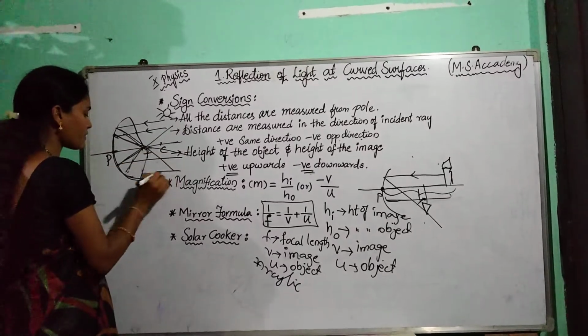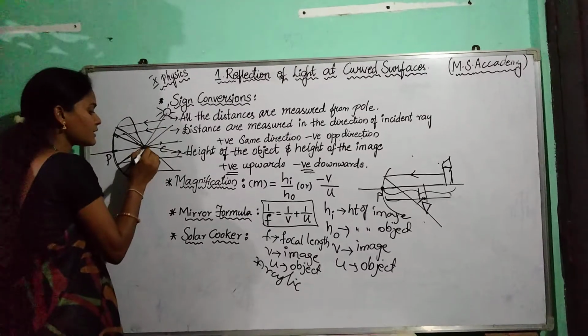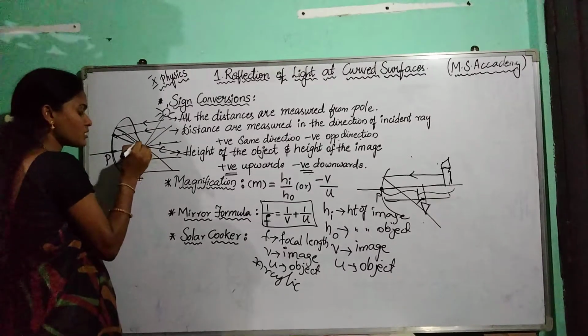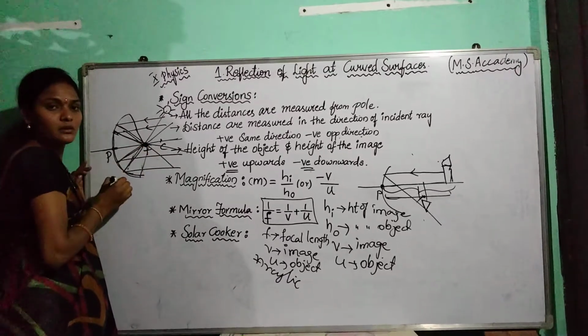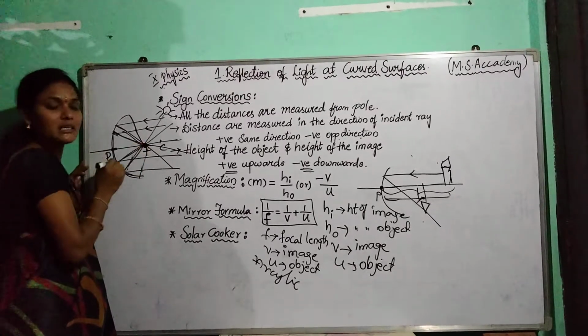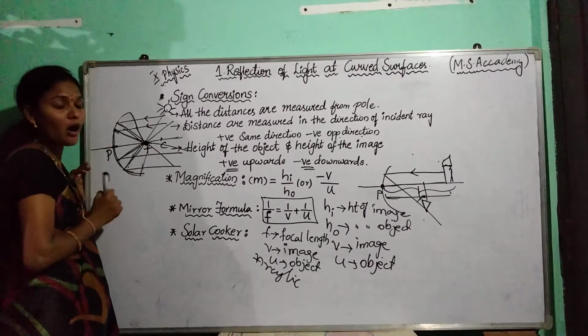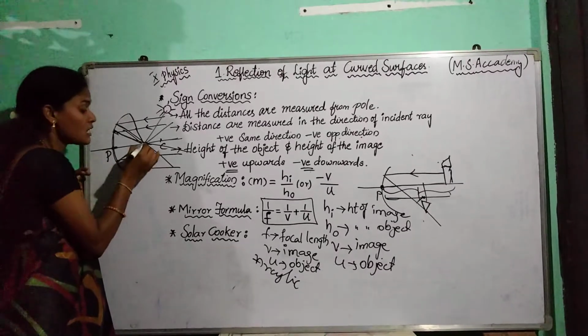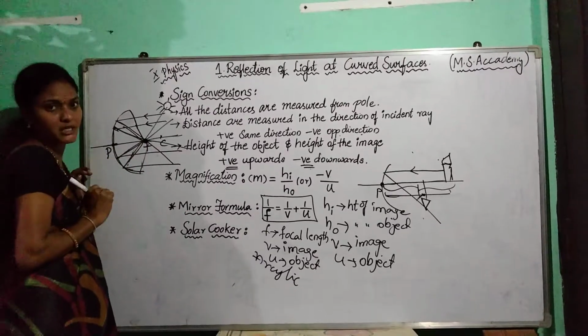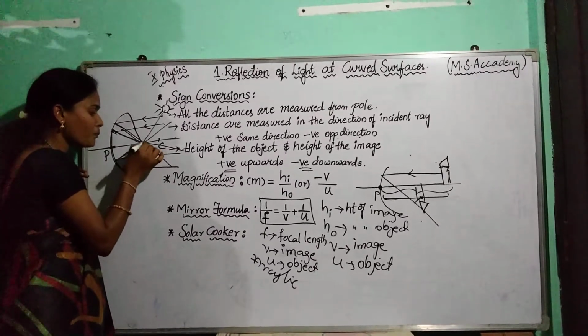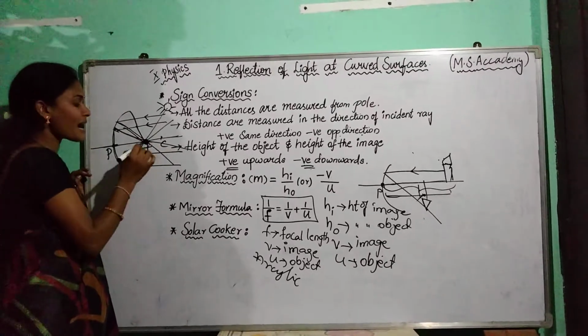These rays will travel and fall, and here the point of intersection is called the focus. So here if you keep anything, it starts burning. Already I have said in our previous class, the point of intersection of the reflected rays gives you the image formation. So this is a point where you can start cooking.